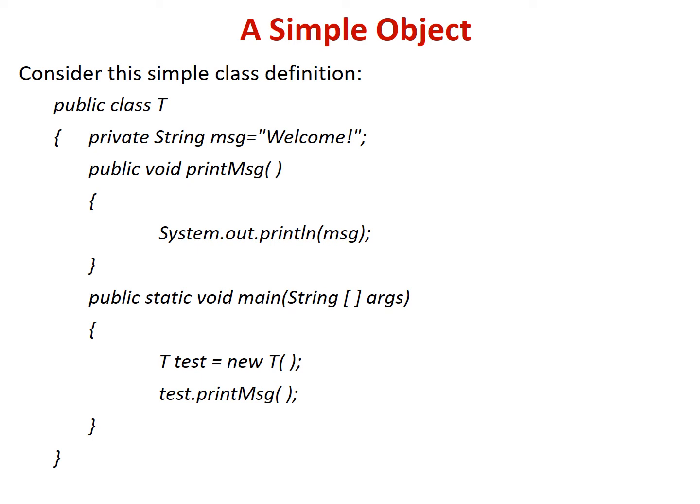And in the class, the main method creates the object of the class, and the object reference variable is test, and by using this reference variable we are calling the printMessage function, that is, it displays the string welcome on the console.